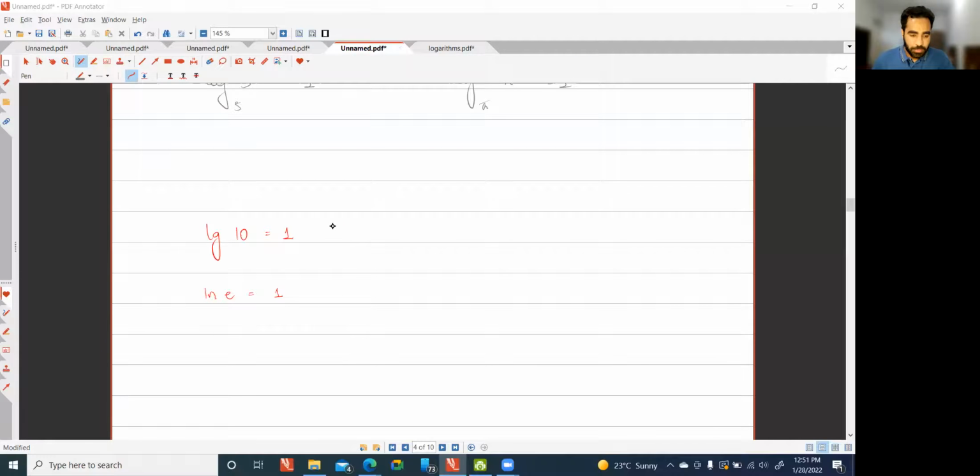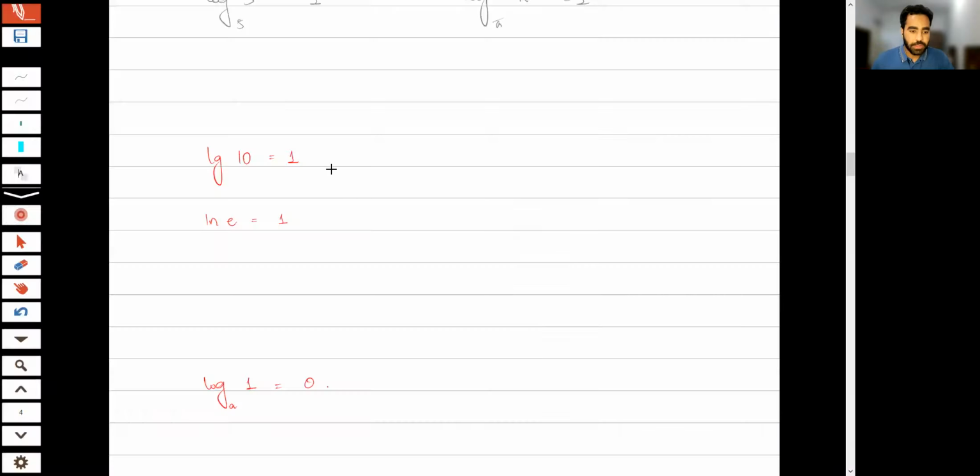So for the same reason, LG10 equals 1 and ln e equals 1. Why? Because LG10 is just log 10 base 10, which would be 1 obviously, and ln e क्या होता है? ln e is log e base e, which is also equal to 1.